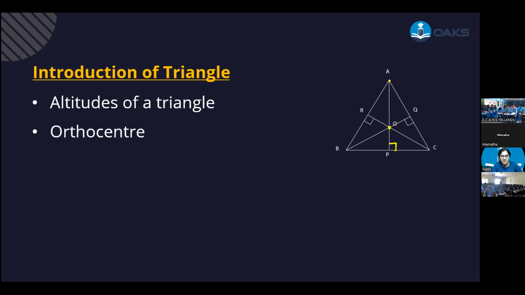Oh, it is the orthocenter. So it is the orthocenter. The orthocenter is the point that is the joining point of all the altitudes. You can write this: the orthocenter is the point where all altitudes join each other.